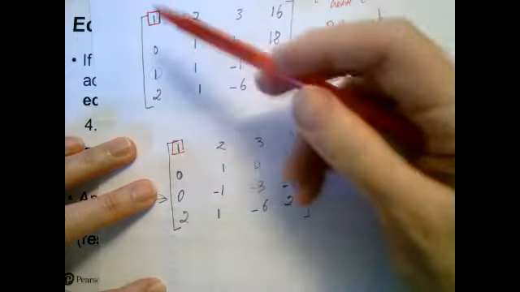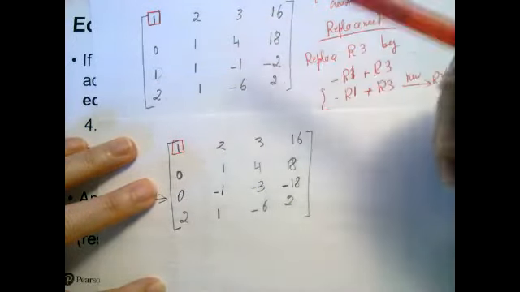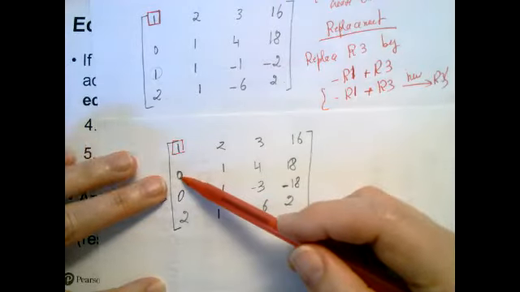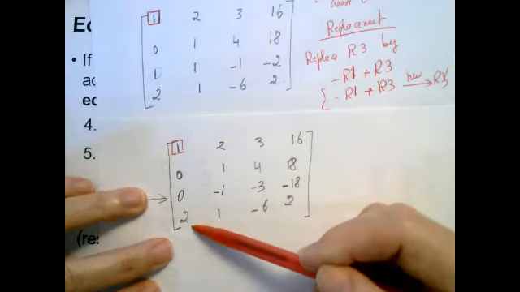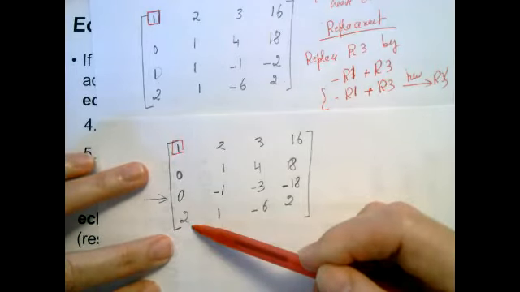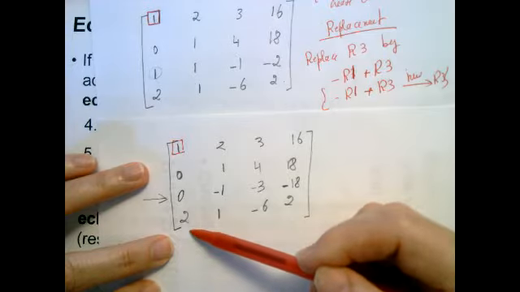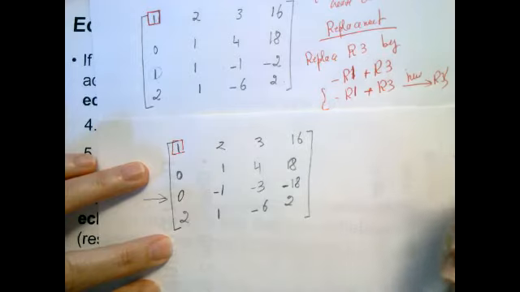Now I'm going to use that leading, the top, to create 0 under it. So now I created my first 0, I had it. I created my second 0. Now I want to make this into a 0. Which operation do I need to perform to make this into a 0? Replacement, scaling, or interchanging?